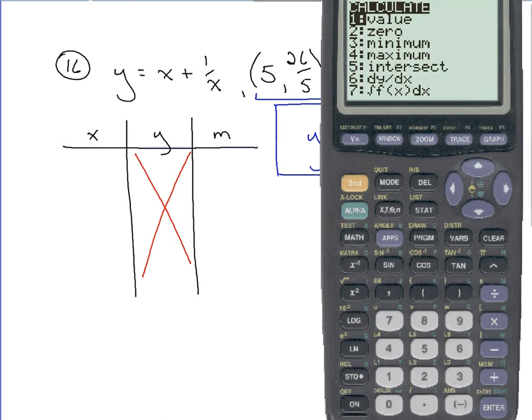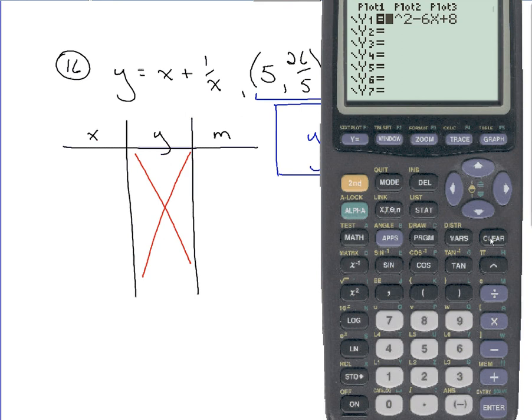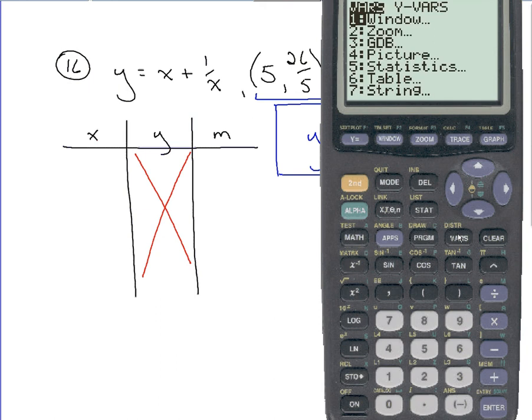In the calculator, I enter in the function. I've got x plus 1 divided by x. And then what I do, in my second line here, I let this y sub 2 be my slope formula. So I set up some parentheses. Reviewing how to do this again, we go to the variables key. We go to y variables there at the top.